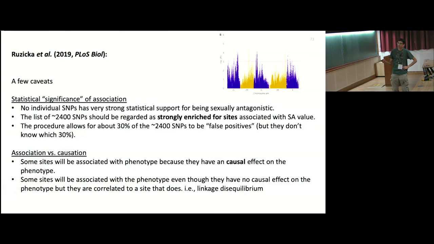Okay, again, a couple of points about association versus causation. Some sites are going to be associated with the phenotype because they have a causal effect on the phenotype, and some sites are going to be associated with the phenotype even if they have no causal effect, but they're statistically correlated with a site that does. In other words, if they're in linkage disequilibrium with a site that does.